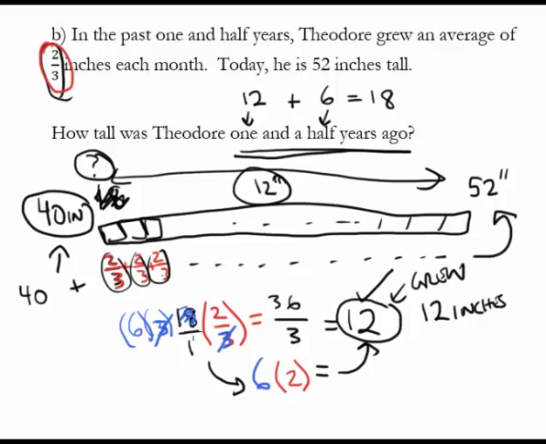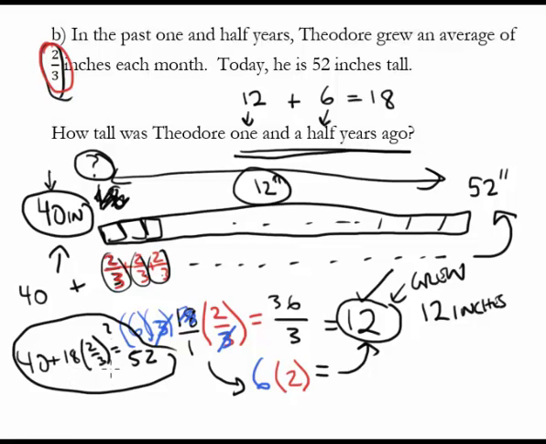And once you have an answer, you say that he grew 12 inches and he was 40 inches tall, to check your work, to see, is it in fact true that 40 plus 18 times 2/3 equals 52? That's a question you could ask yourself, and you could actually calculate that. So this is a check. And when you have time, it's really important to check your work as well.